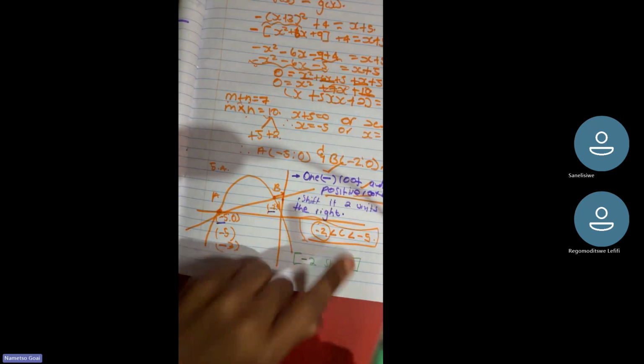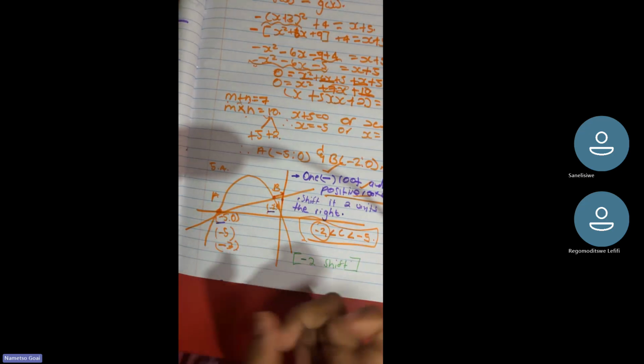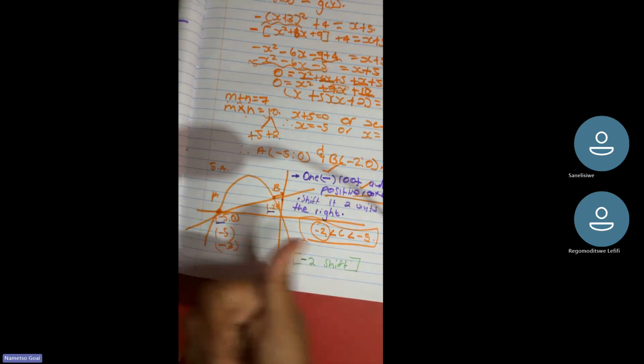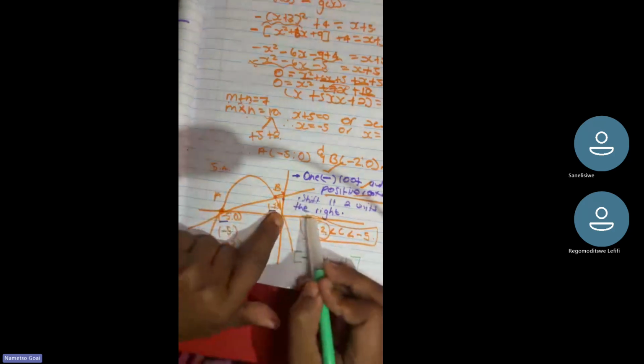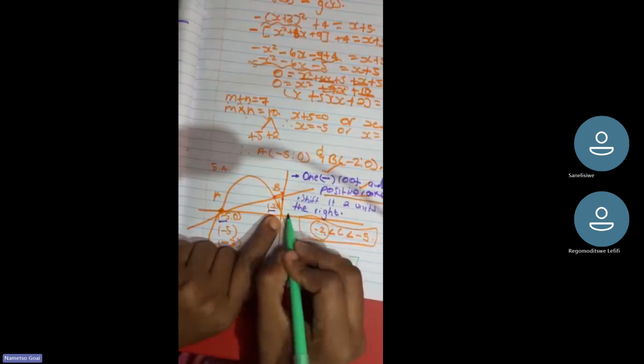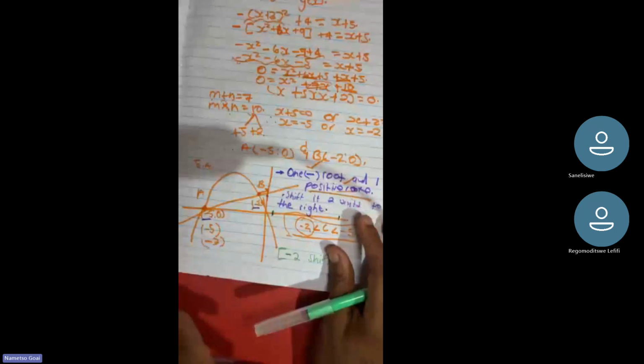Because if it's more than 5 units to the right, let's say it's now 6 units to the right, this 5 will no longer be in the negatives, but will be on this side. And if the 5 is over here, it means that this B is over here. Now we have two positive roots, which will be incorrect.